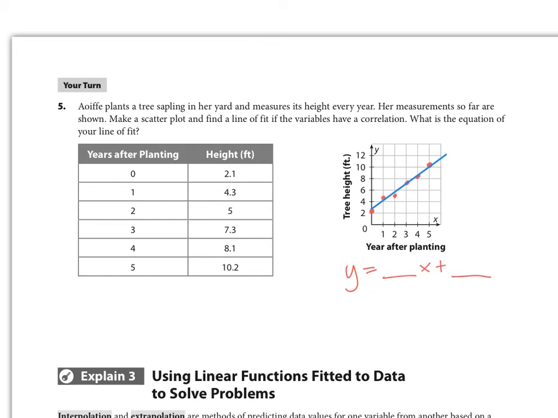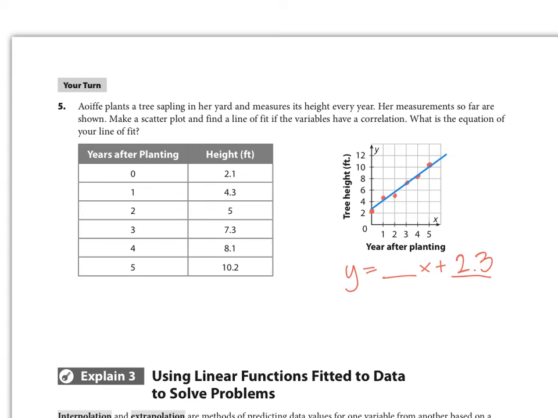I need to find the m and the b, that's the slope and the y-intercept. My y-intercept, I don't know, something like 2.3, right? 2.1, 2.2, 2.3, 2.4, those will all probably be acceptable. When I do my answer keys, I'm going to be looking at a range of acceptable y-intercepts and also a range of acceptable slopes. So it doesn't need to be exact.